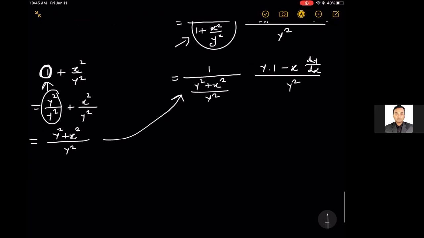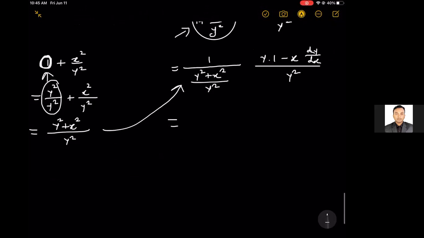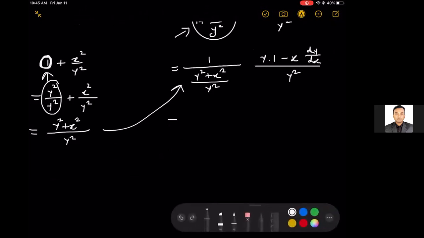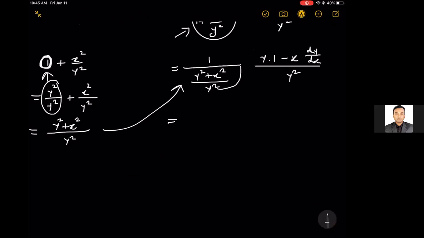If I simplify it more, this y squared can be taken to here, y squared plus x squared.